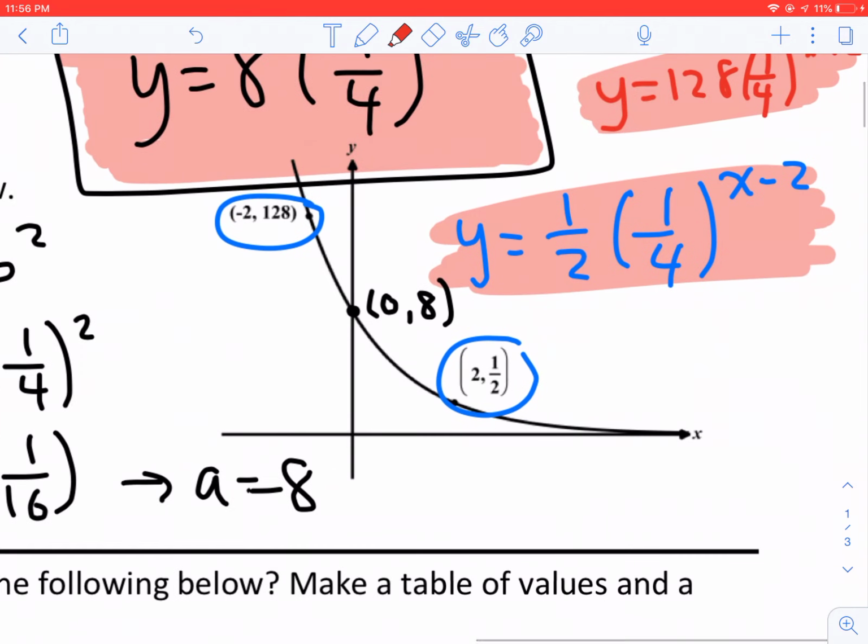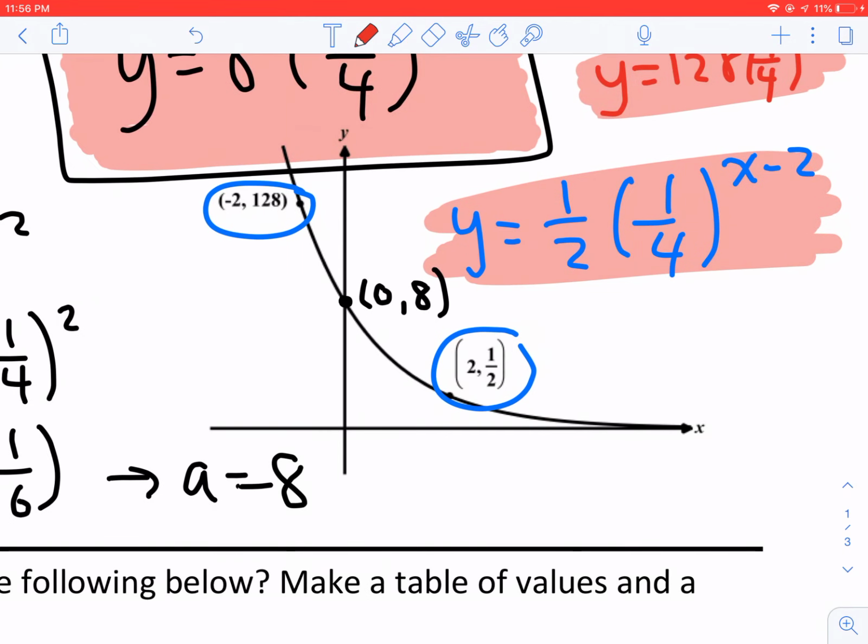And I said we could also do this like a geometric sequence. So another way to think about this is to go from the negative second value of x to the 2nd value of x. Well, we need to multiply by our base 4 times, or the common ratio if you're thinking of it like a sequence.